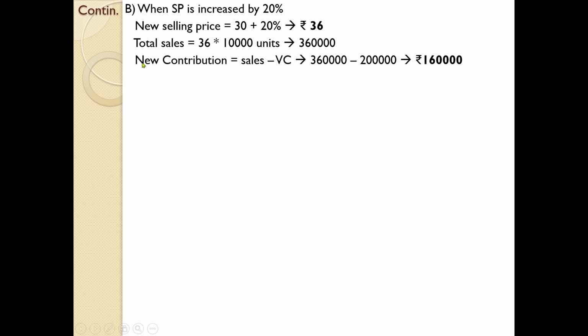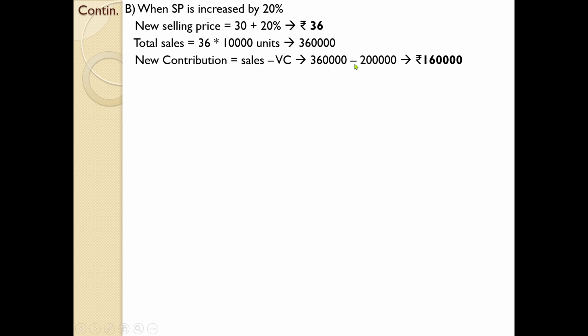Remember, one of the assumptions of marginal costing was that variable cost per unit remains the same. So selling price per unit is 36. So total sales is 36 into 10,000, 3,60,000. So new contribution is sales minus variable cost.